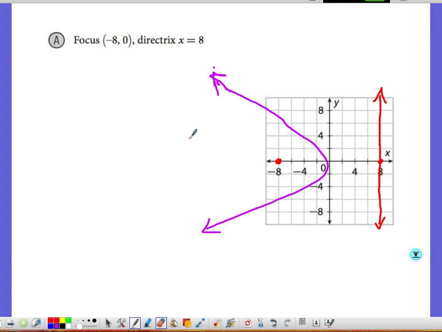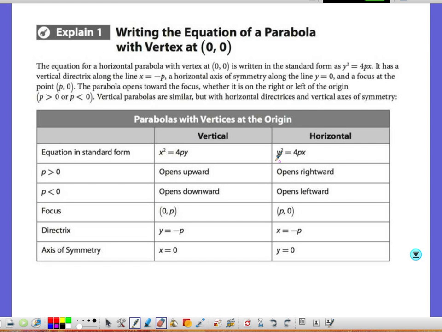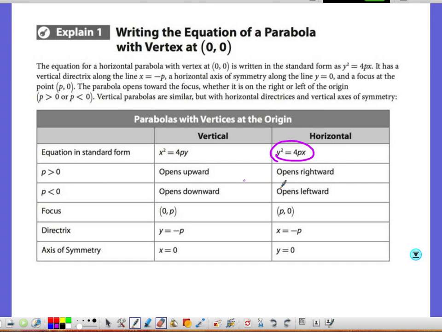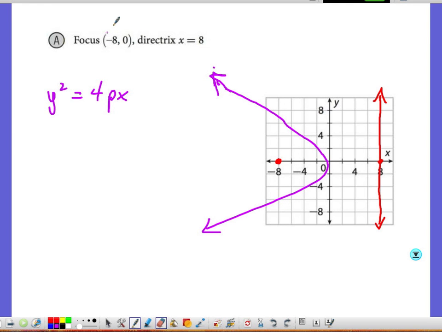So since it opens to the left, that means that it's a horizontal parabola, which means we have to use y squared is equal to 4px. And what we need to do is find what p is. And so p is basically the x-coordinate of the focus. The x-coordinate of my focus is -8.